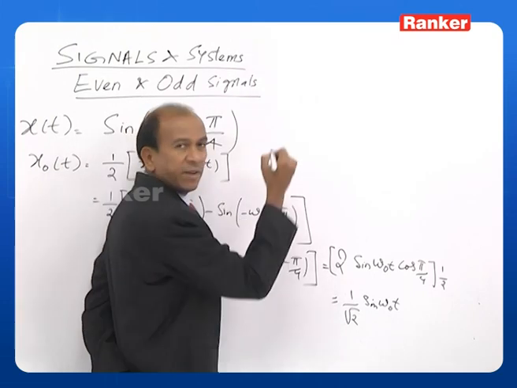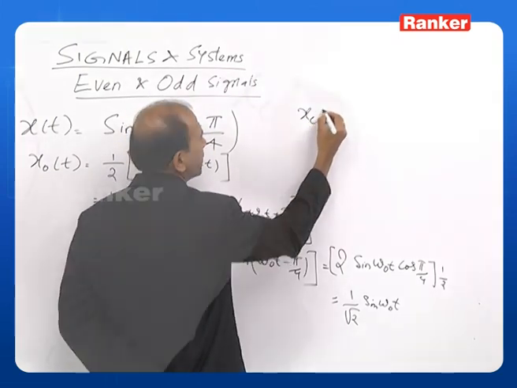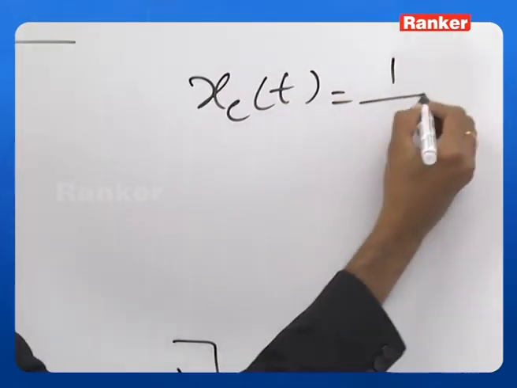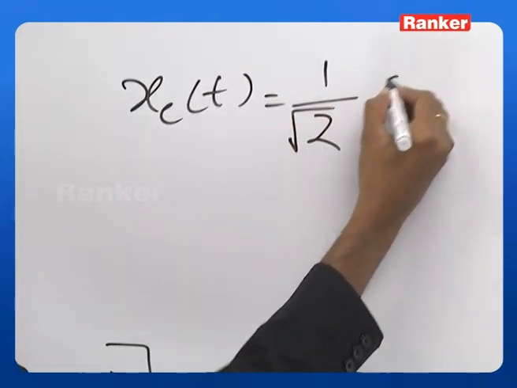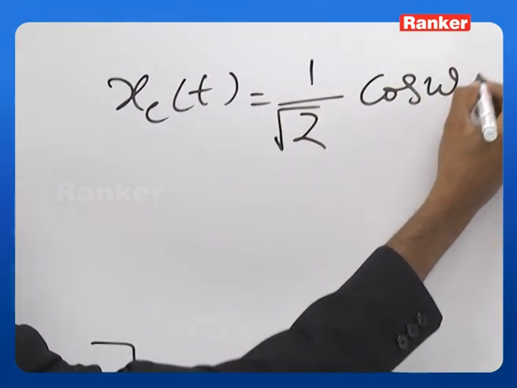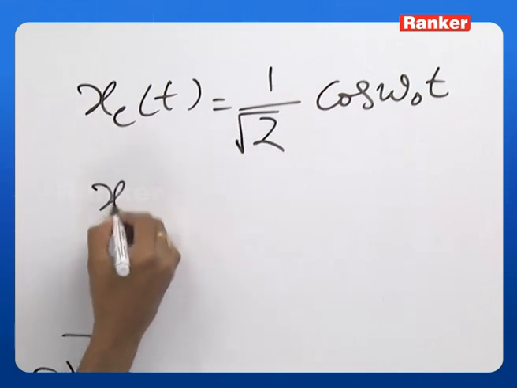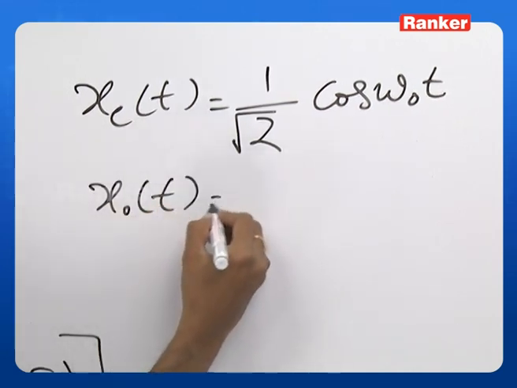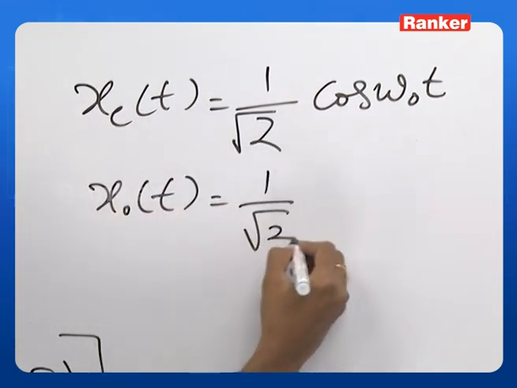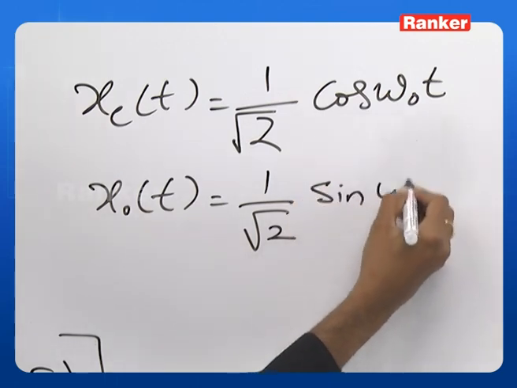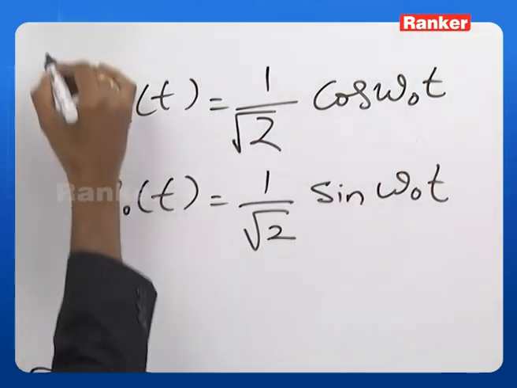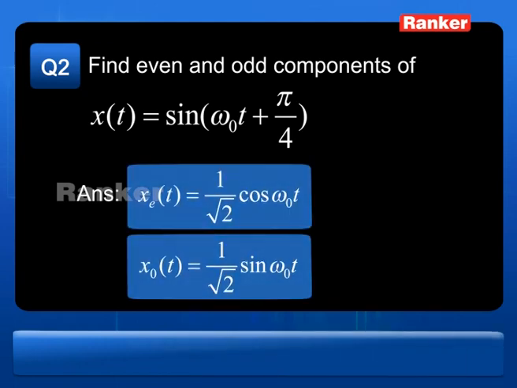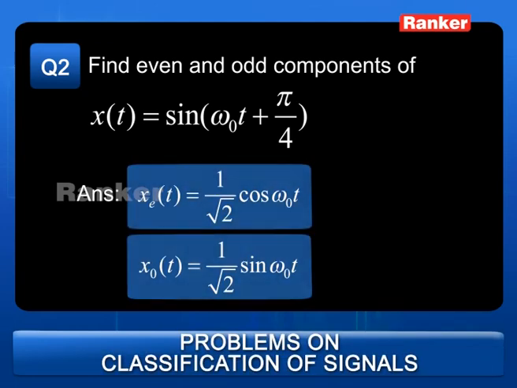We can summarize here, we will write the even component x e of t is equal to 1 by root 2 cos omega naught t, and odd component x o of t is equal to 1 by root 2 sin omega naught t. So, this is the answer solution where we have calculated both the even component and the odd component.